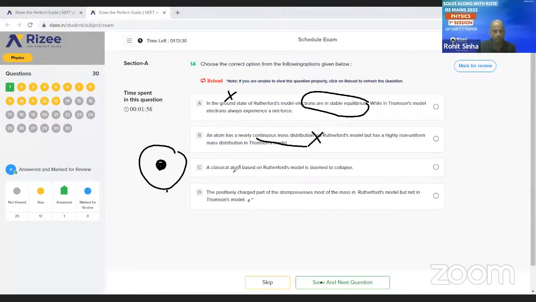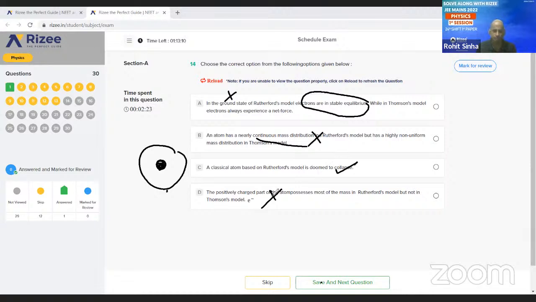The statement C: the classical atom based on the Rutherford model is doomed to collapse. This is correct, because it was the drawback of Rutherford. And let us check D also. The positively charged part of an atom has most of the mass in the Rutherford model, but it is wrong.